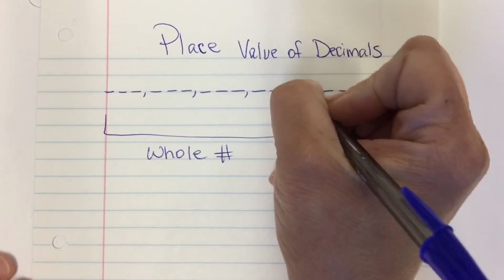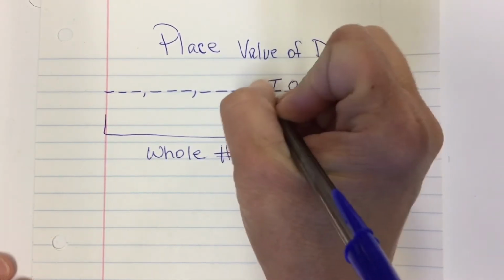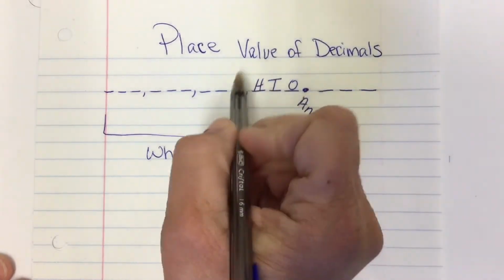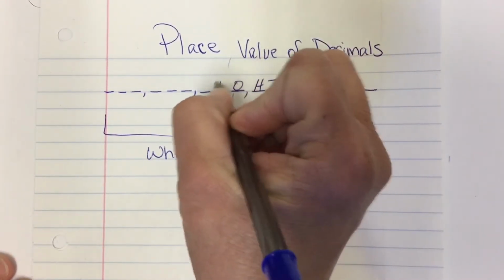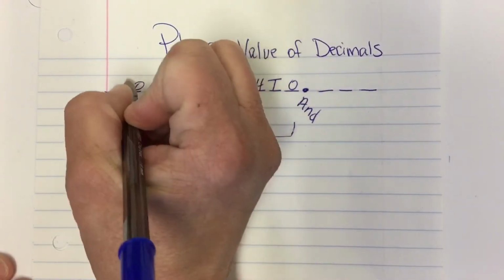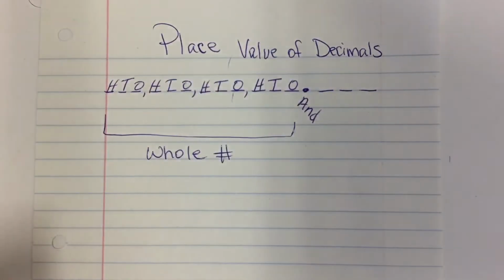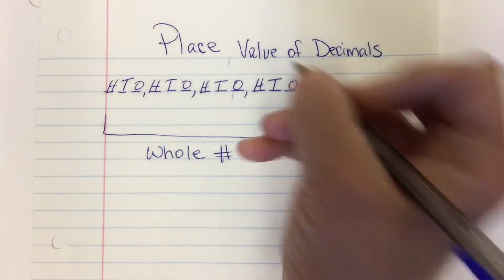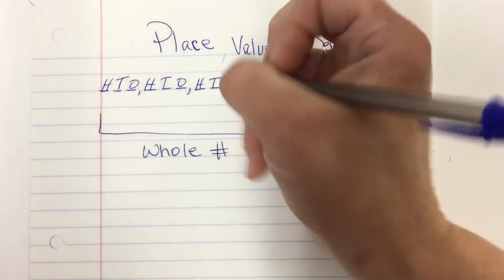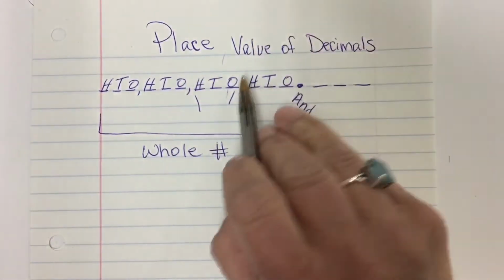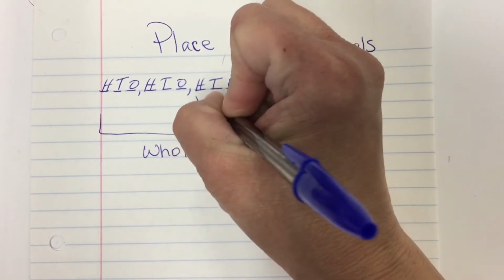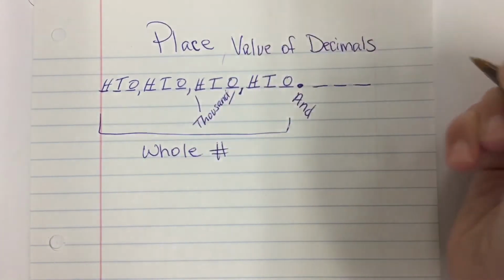You learned in elementary that O-T-H means ones, tens, and hundreds. And then we go ones, tens, hundreds, ones, tens, hundreds, ones, tens, hundreds. It's a pattern that repeats itself. The only thing that changes is the comma. So this first comma means that these numbers are ones, tens, hundreds, thousands.